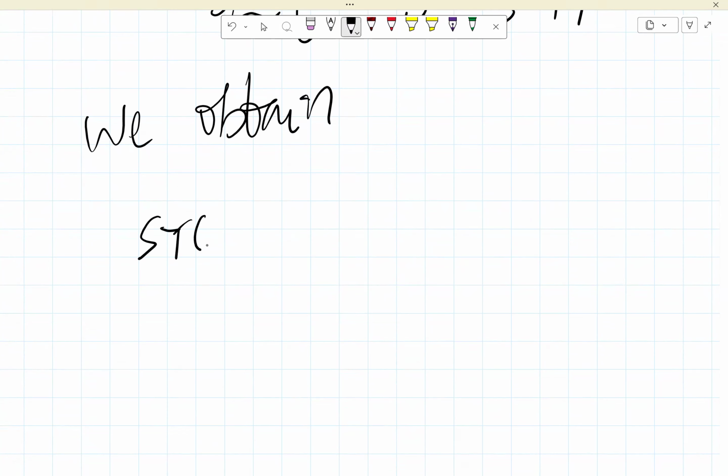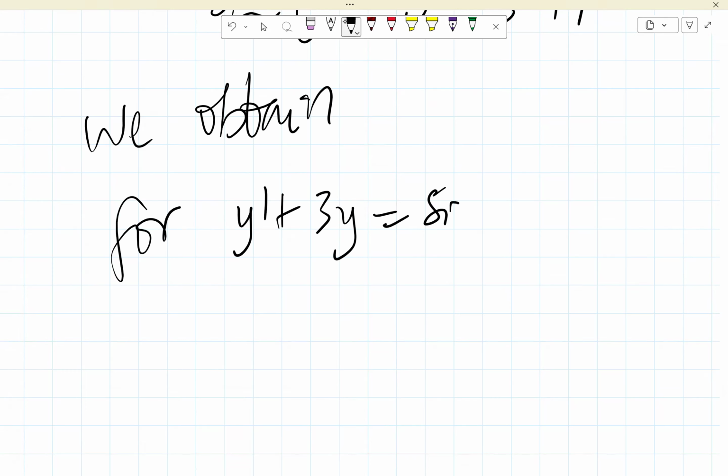s Y of s plus 3 Y of s is equal to, okay, I want to go step by step. Let me write the original equation so you can follow, so I don't jump. We have y prime plus 3y equals sine t, and then y of 0 equals 0.